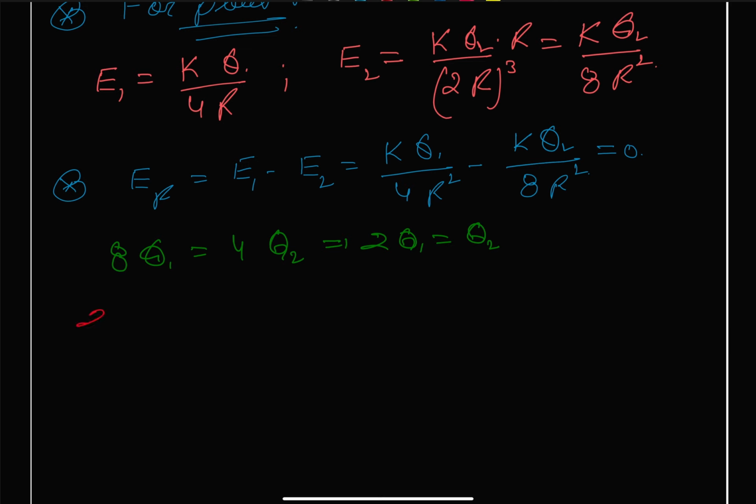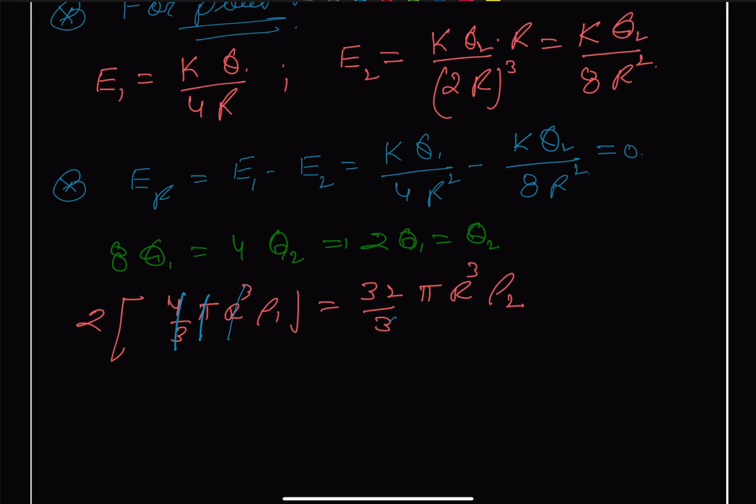Twice Q1, which is 4 by 3 pi r cube multiplied by rho 1, is equal to 32 by 3 pi r cube rho 2. This 3 cancels out, and we get 8 pi r cube. Further, this is about 2 and 8 goes by 4.